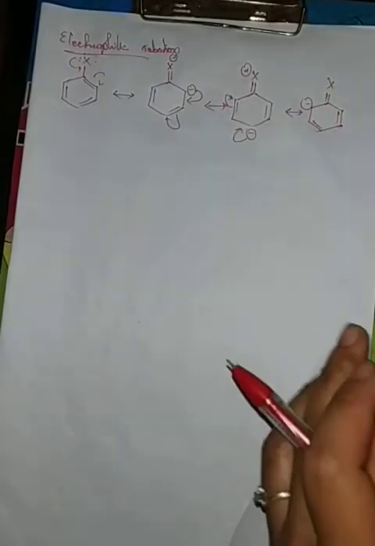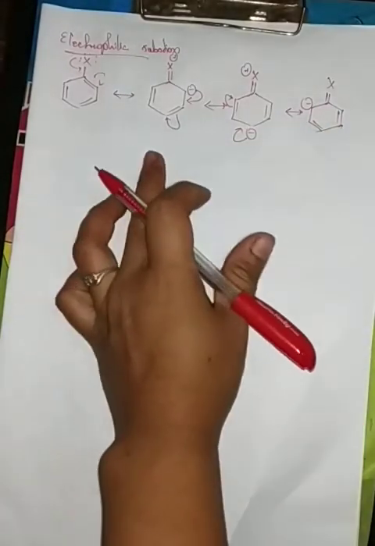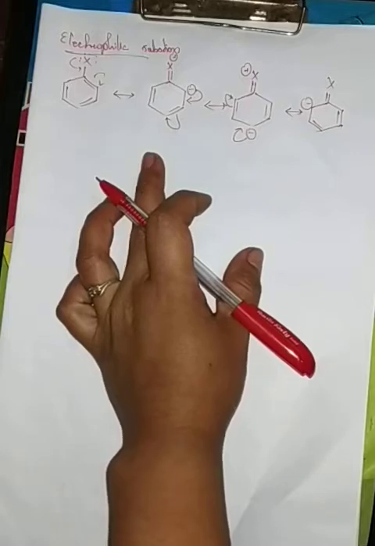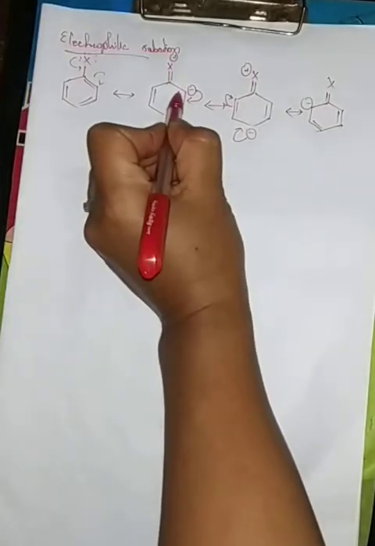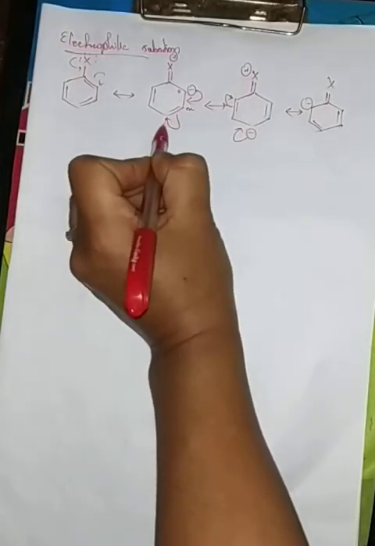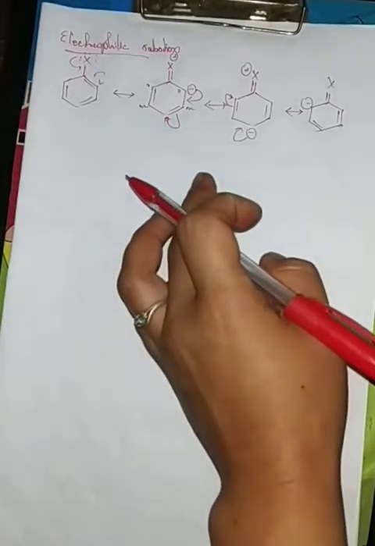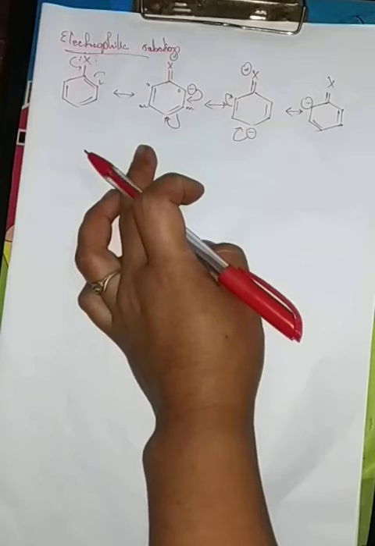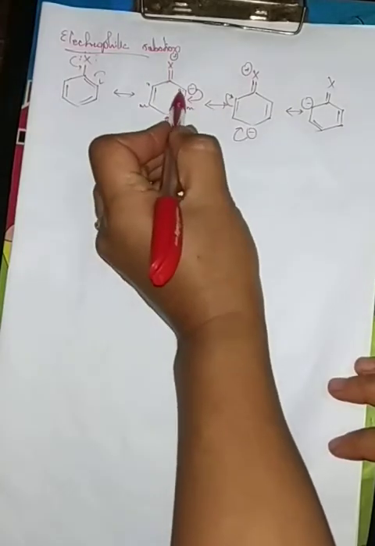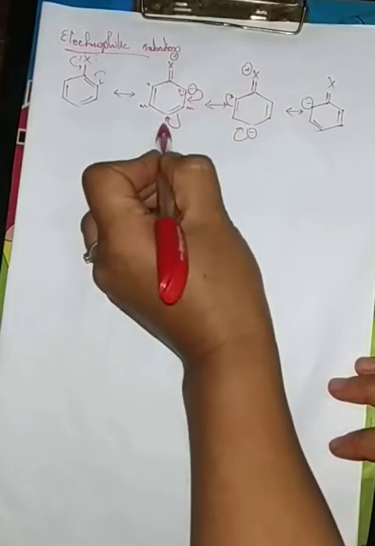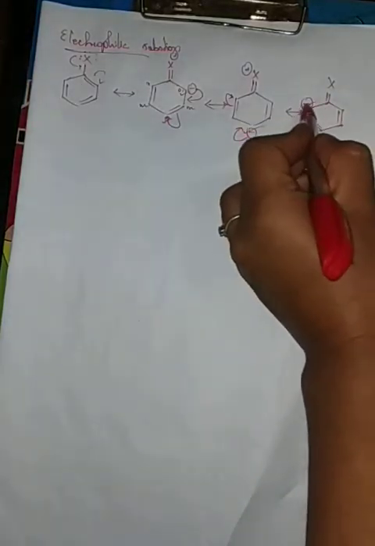Now here, we see that due to resonance, the electron density increases more at the ortho and para positions.